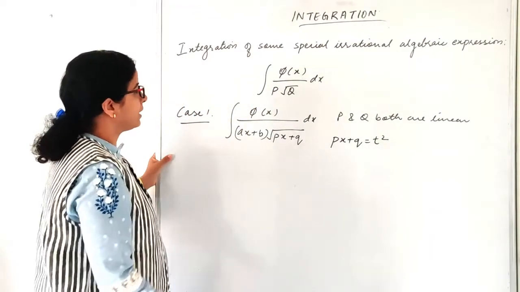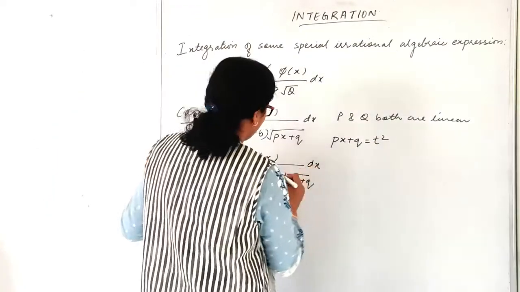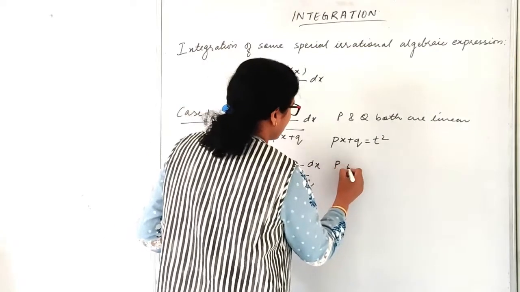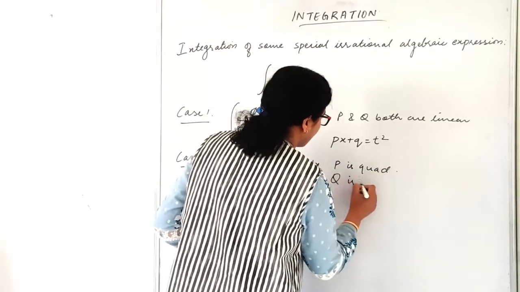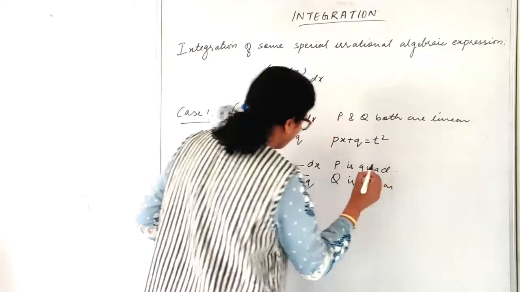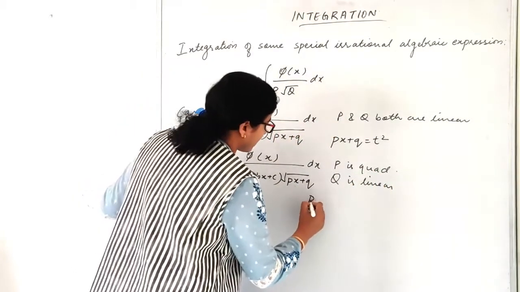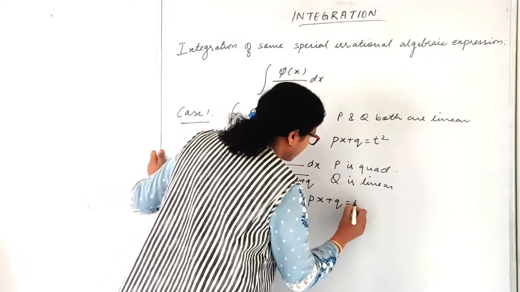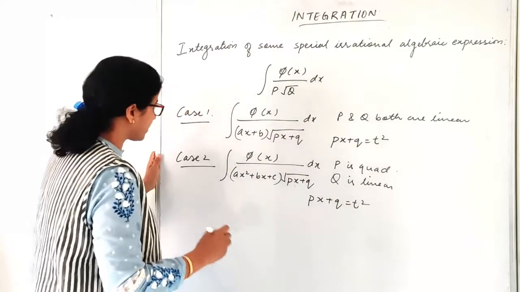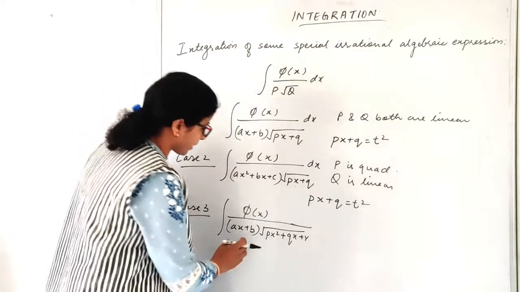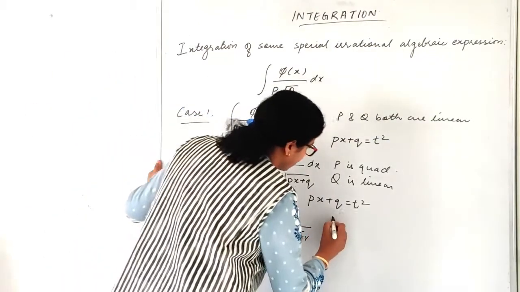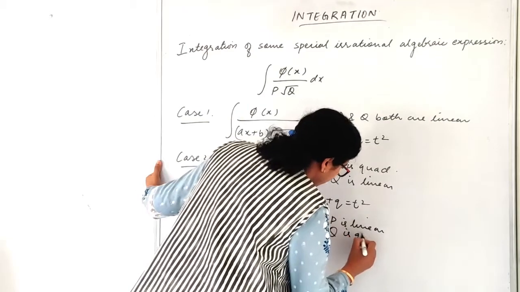Is it clear? Now case 2. In this case my p is quadratic and q is linear. In that case also I take px plus q as t square. Now case 3. In case 3 my p is linear and q is quadratic.